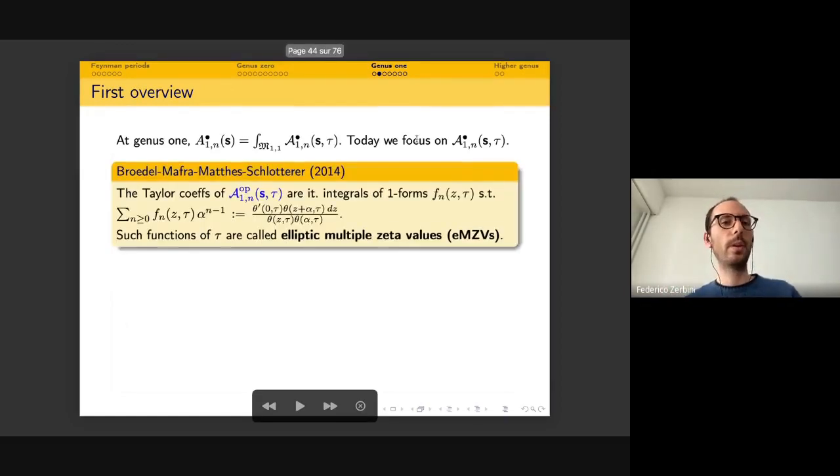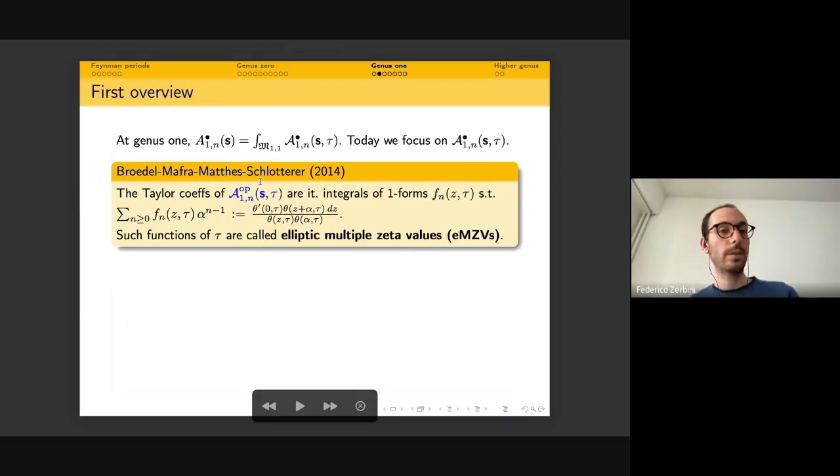Good. So in the open string case, you can expand these functions of s and tau in s, as s goes to 0, and you want to study the Taylor coefficients of this expansion.